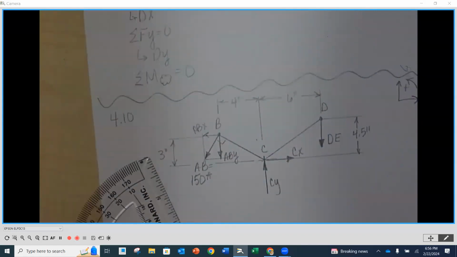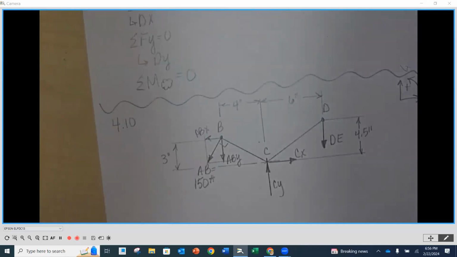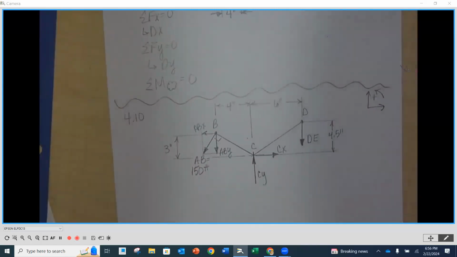Now, as you look here, once we have our free body diagram all in place, we have our reactions of our supports identified, and we have all of our applied loads and our distances set, you're ready to use your equations of equilibrium. And you know what those are, right? You have everything you need here.